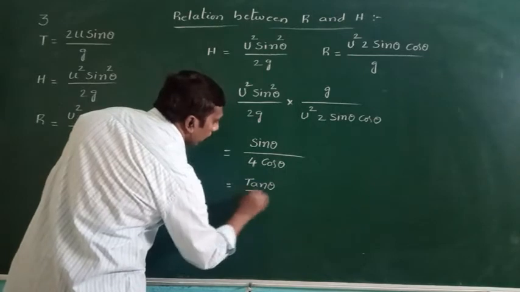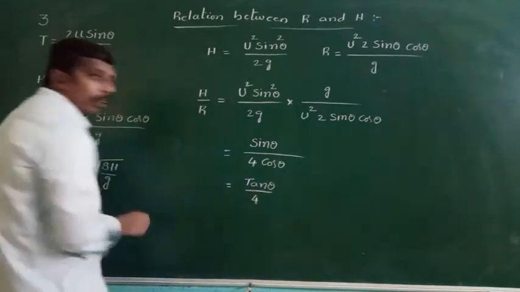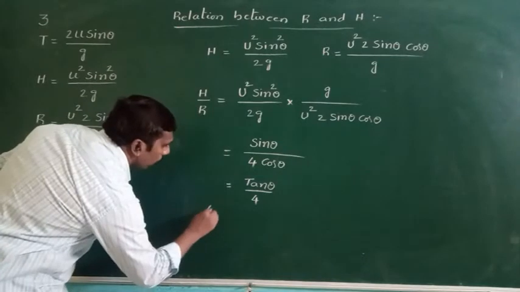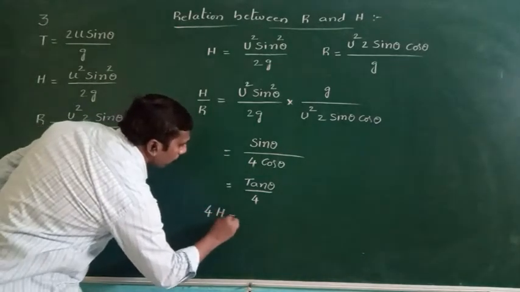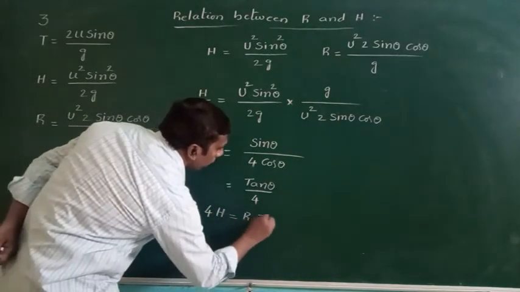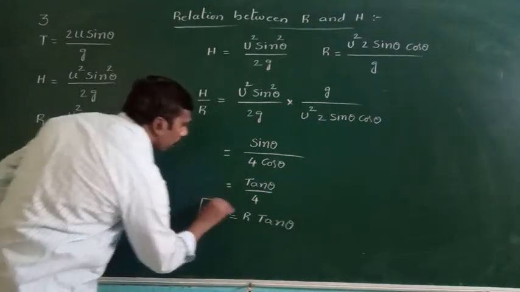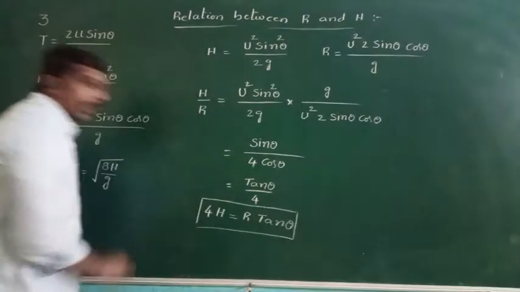So sin theta by cos theta is tan theta, by 4. Cross multiplying, we get 4h is equal to R tan theta. This is the relation between maximum height and range.